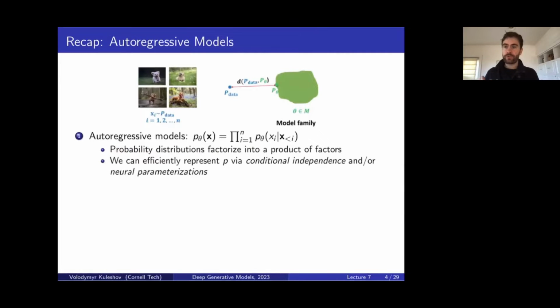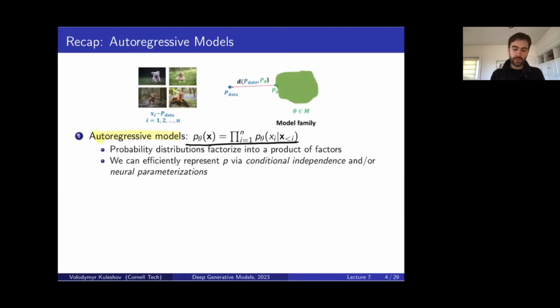To introduce and motivate normalizing flows, let me first start with a quick recap of the two types of generative models that we've seen in the last 2 weeks. Remember that we first started with autoregressive models. These models can be essentially defined by the following formula, which is the chain rule of probability.